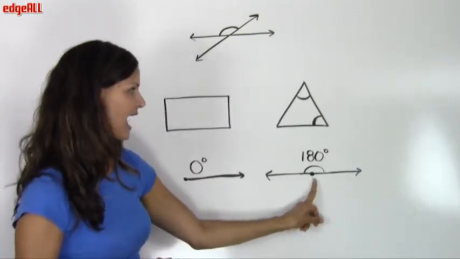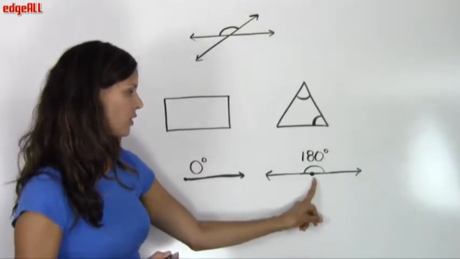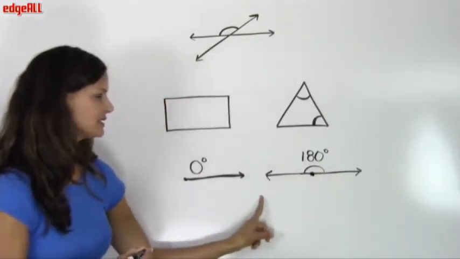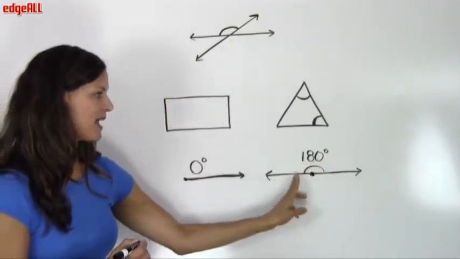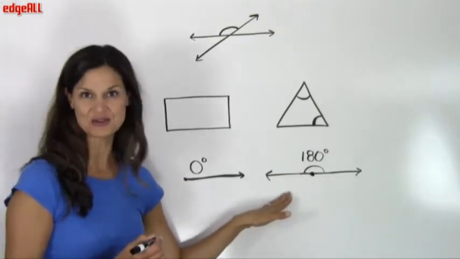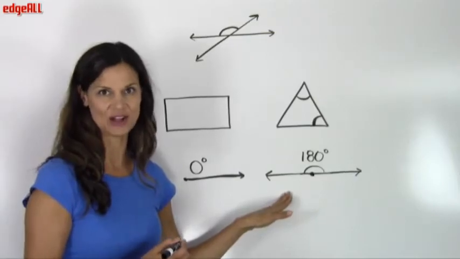So here we have 2 rays drawn from a point in opposite directions. The angle made by these 2 rays is a 180 degree angle.